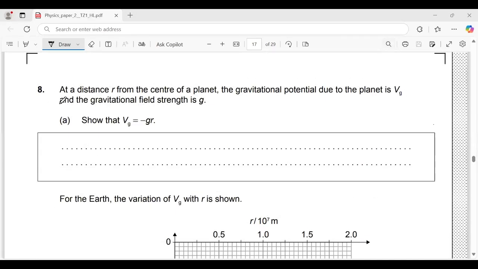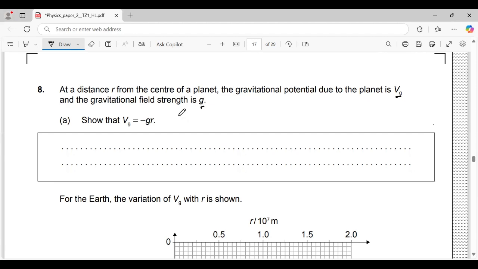Number 8. At a distance r from the center of a planet, the gravitational potential due to the planet is Vg, and the gravitational field strength is g. Show that Vg equals minus gr. Okay. I will start with the relationship between gravitational potential, Vg, and gravitational field strength, g.